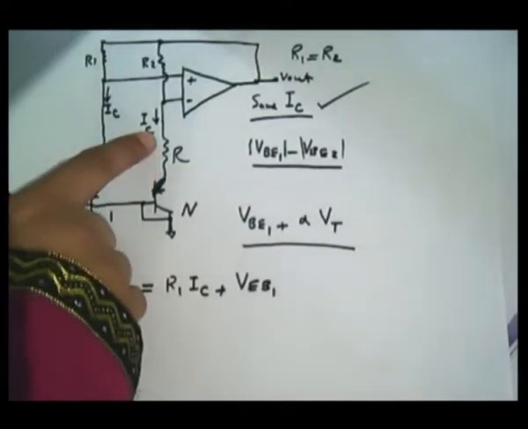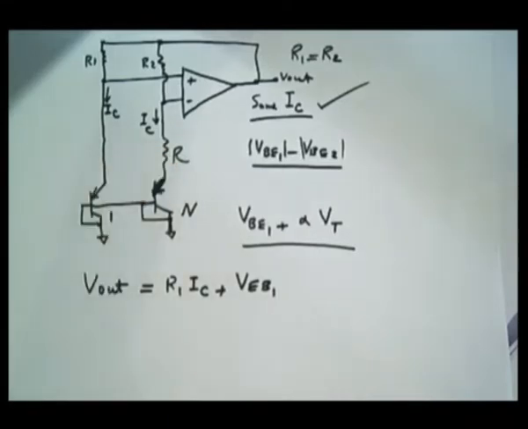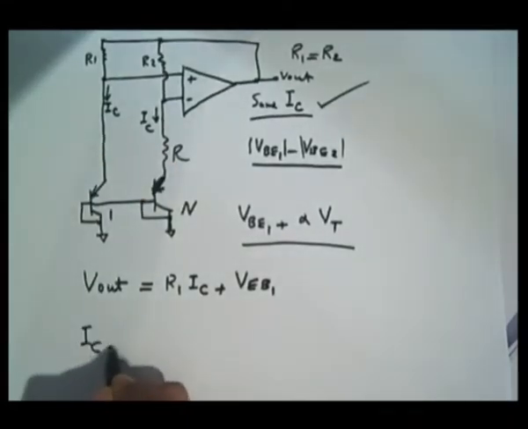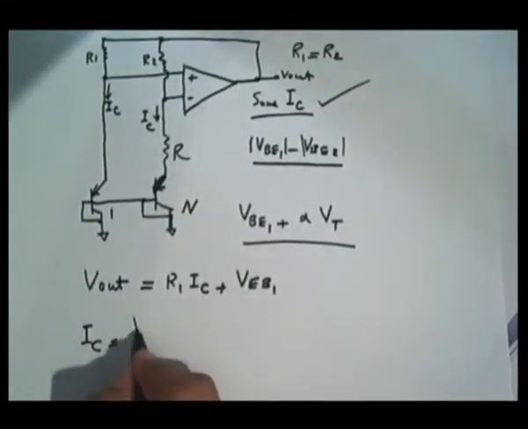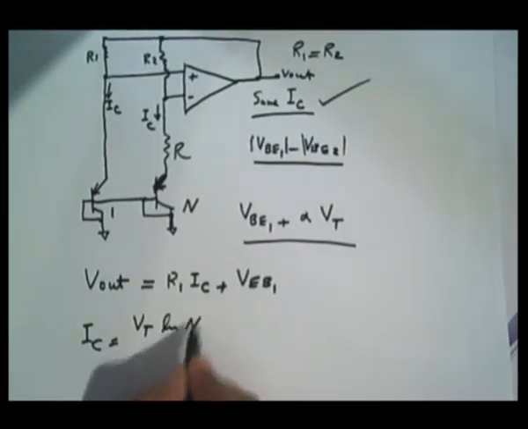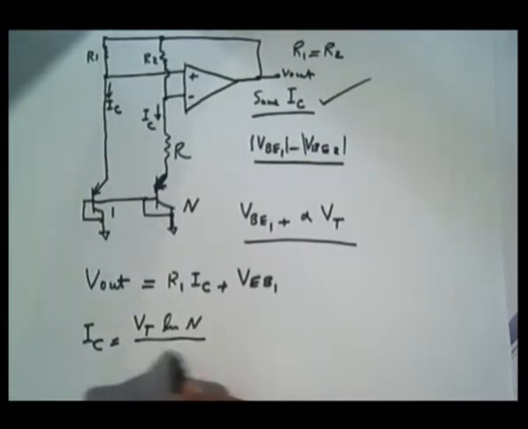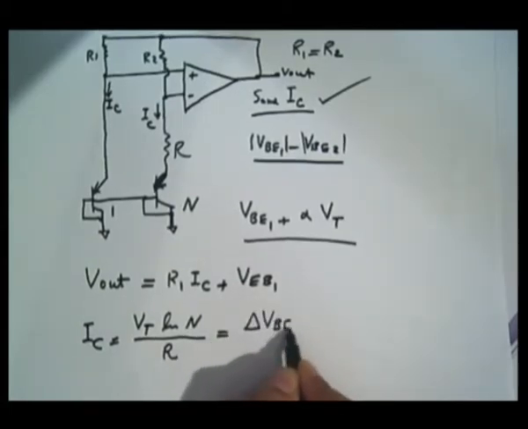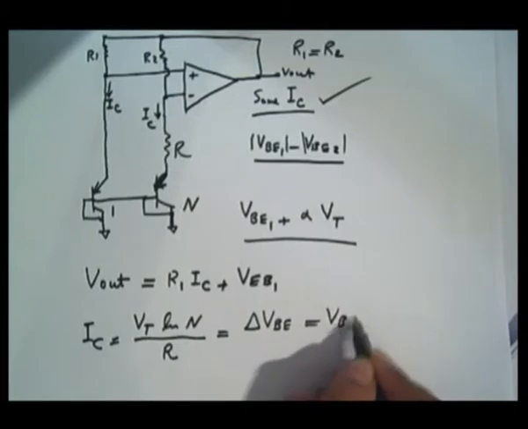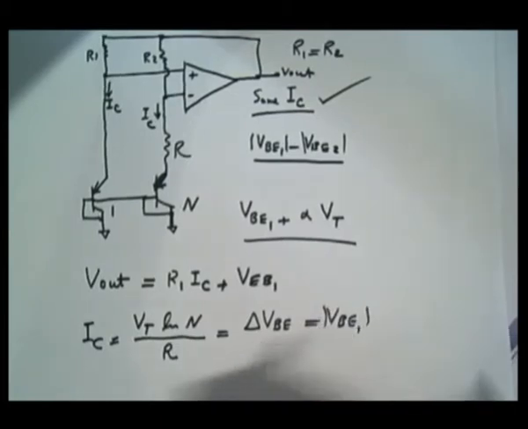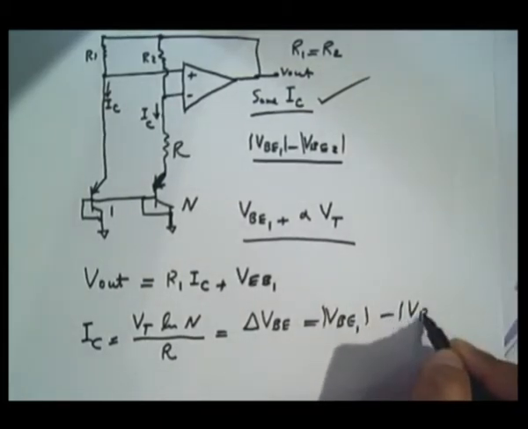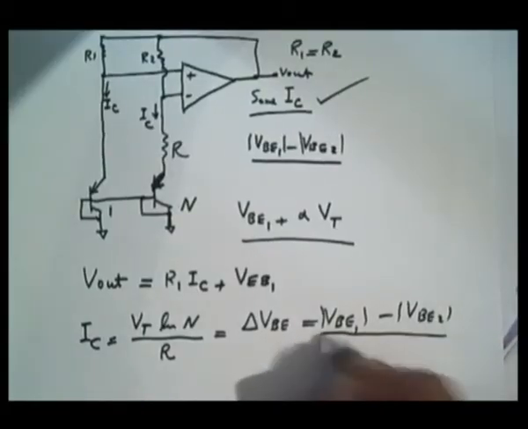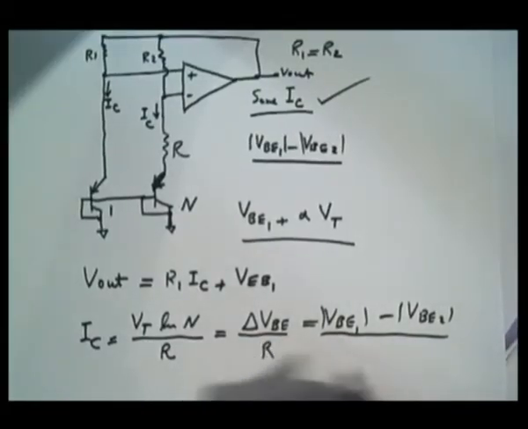IC is determined by the voltage across R divided by R. So what is voltage across R? Is VT ln N, right? Because it is delta VBE upon R. This is actually delta VBE, which is VBE1 minus absolute value of VBE2, divided by R.